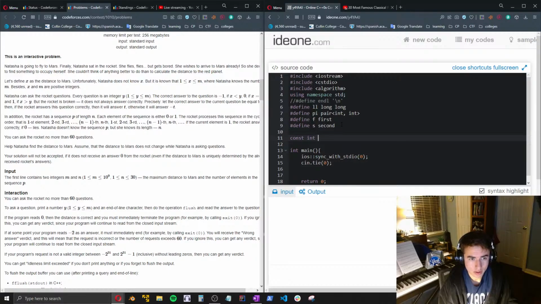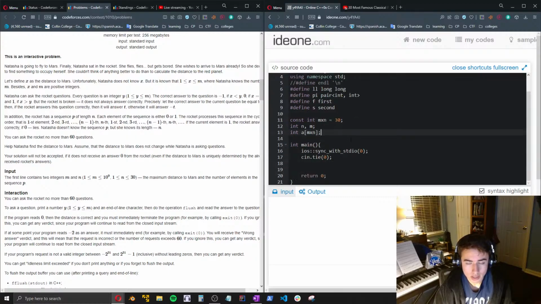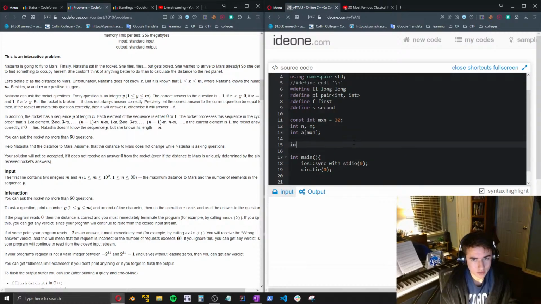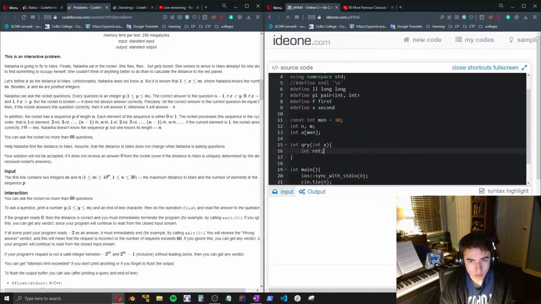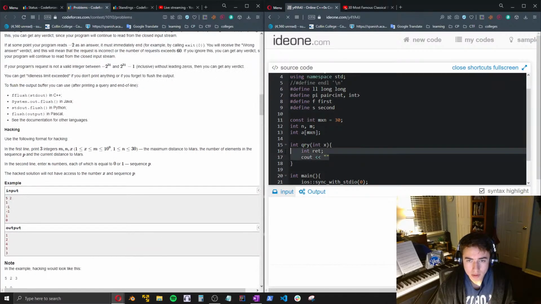What do I need to do? Alright, let's see. Let's make a query function. So for a query function, we need ret. Wait, how's the interaction? Oh, all you do is cout a number.